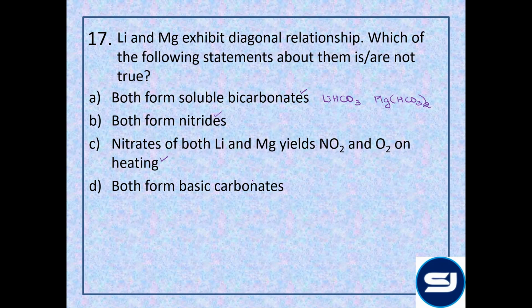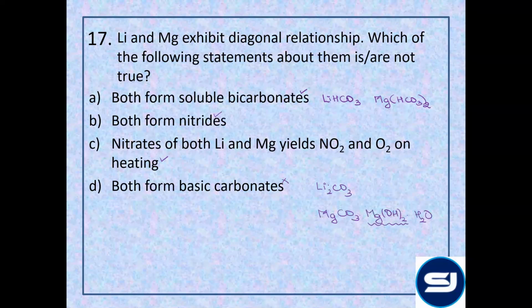And both form basic carbonates. No, lithium carbonate is not basic, but the carbonate of magnesium exists as MgCO3, Mg(OH)2 and H2O. That means there is a basic carbonate which could be formed by the magnesium ion but not by the lithium ion.